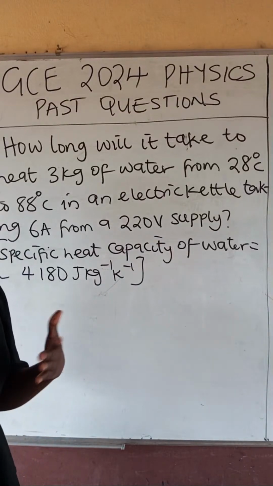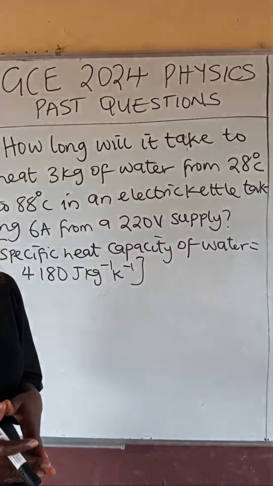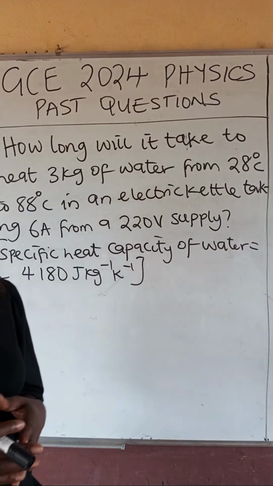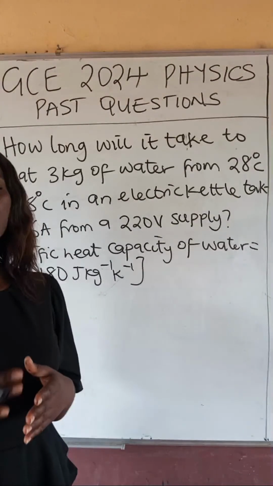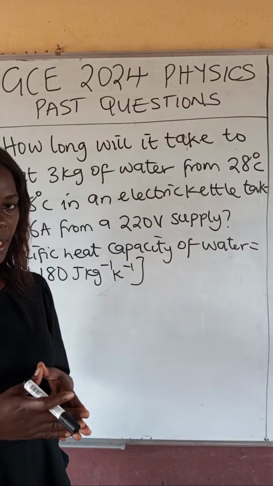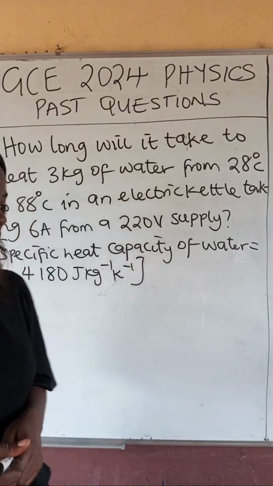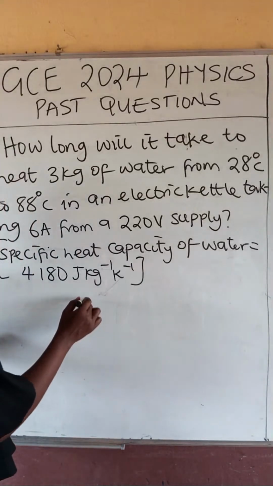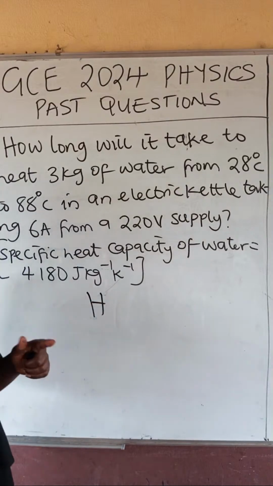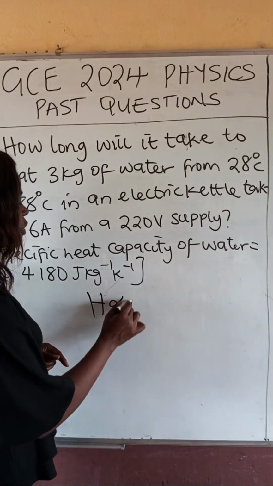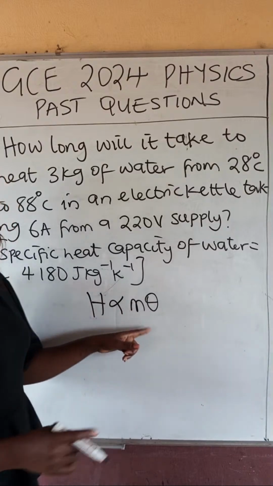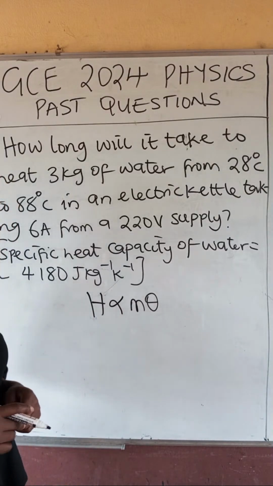Okay? Now, if you ask what is specific heat capacity, specific heat capacity is the quantity of heat required to raise the temperature of a unit mass of a substance by 1 Kelvin. Okay? Now, let me explain further. The quantity of heat applied to a particular body is proportional to the mass of the body and the temperature difference, right?